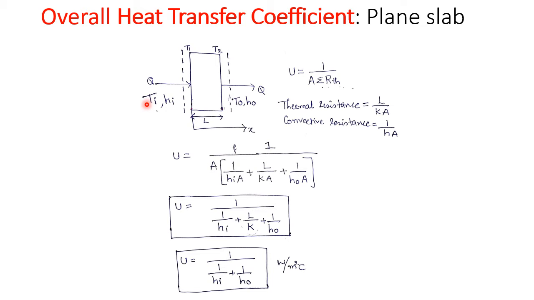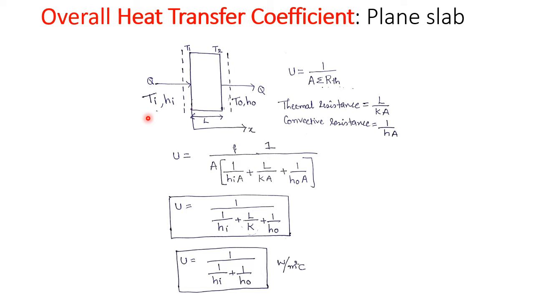Here, the temperature Ti is greater than temperature T naught. That means heat is flowing from the left side of the slab towards the right side of the slab, which is shown in the figure here.